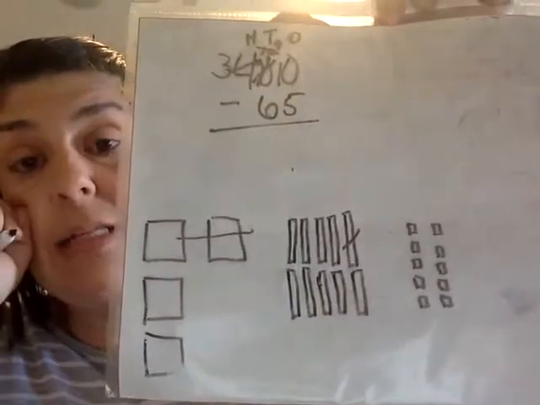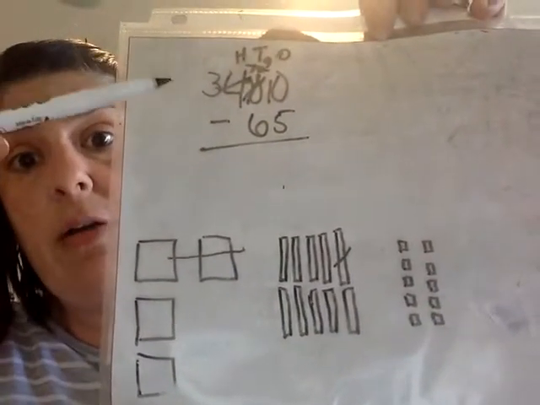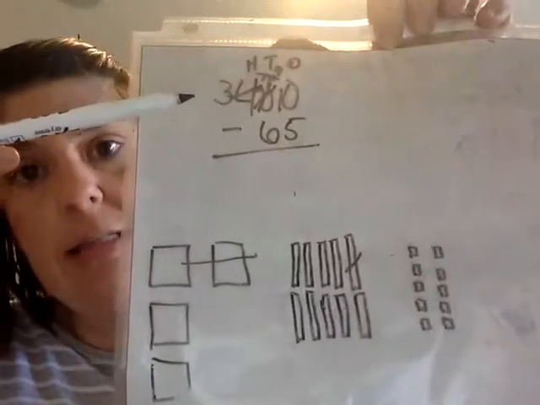Can we go ahead and subtract now? Are my bigger numbers across the top? Yes. So 10 minus 5 is 5. Cross that many out at the bottom. 9 minus 6 is 3.